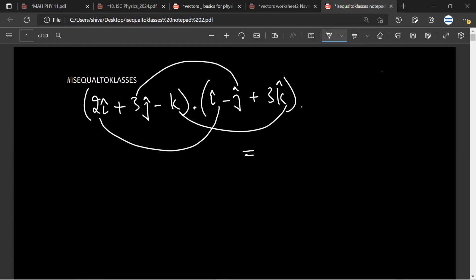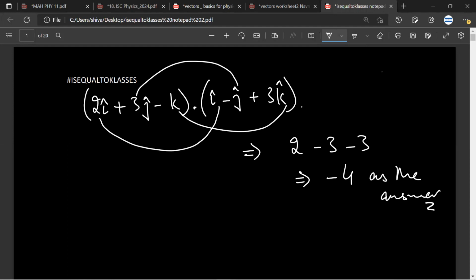That is it. And I will find the answer as 2 minus 3 minus 3. Am I right, Avantika? Yes, sir. So the basic answer that I will get is minus 4. Any doubt till here? No, sir. Okay. So in scalar product, basically, I get just one number. Am I clear? Yes, sir.